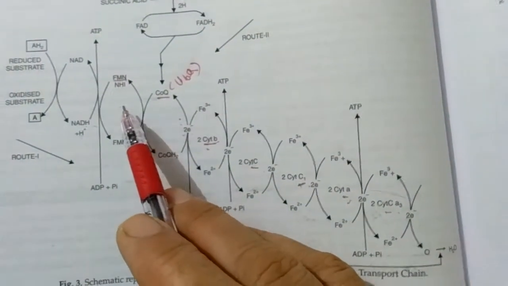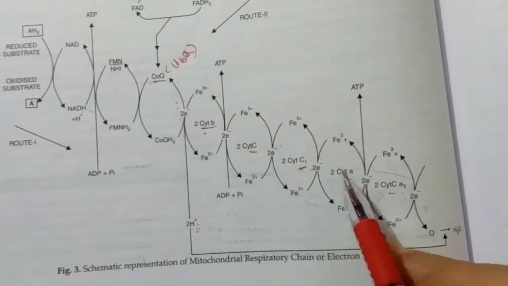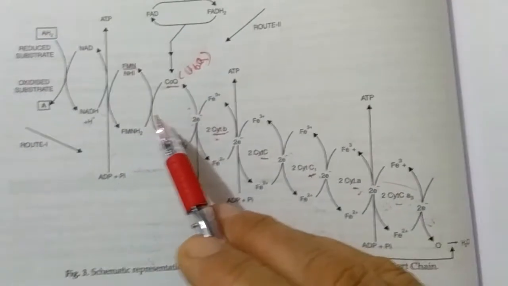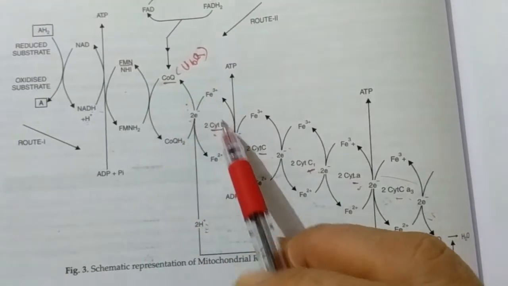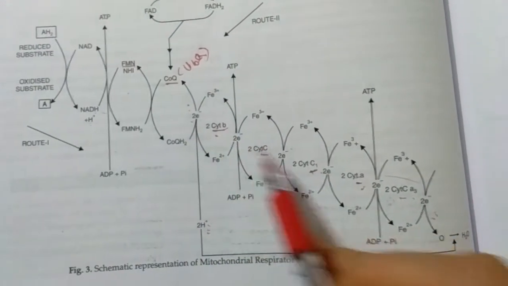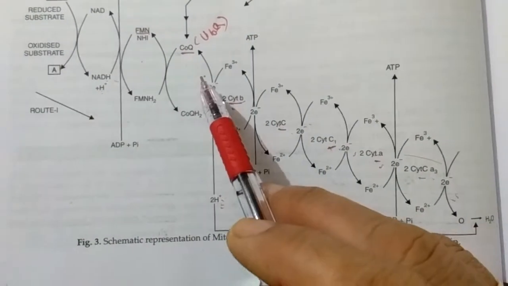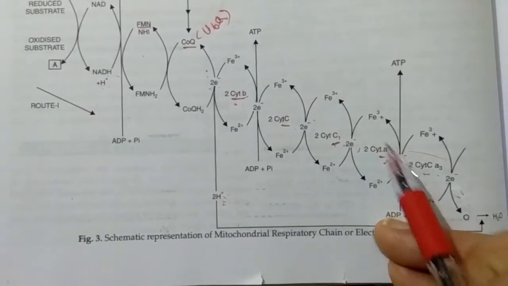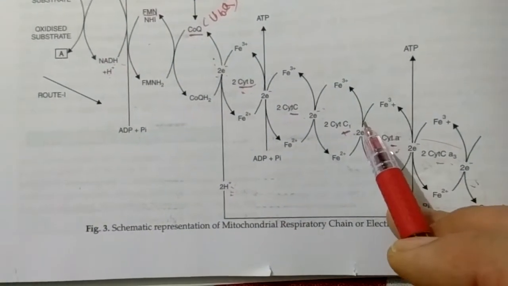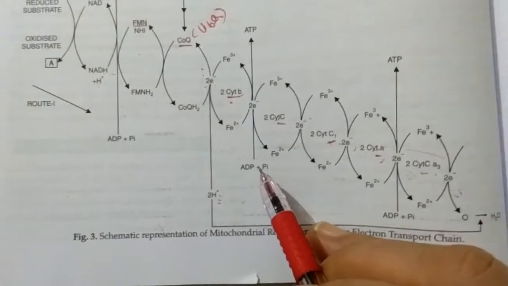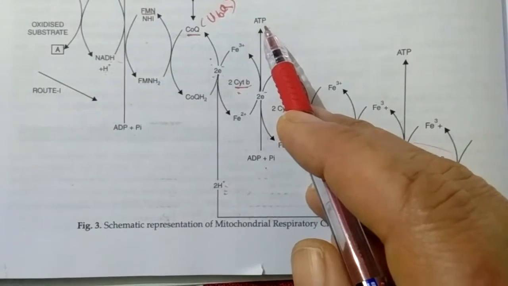This transfer of electron is downstairs, like a descending staircase, and the electron is passing from electronegative to electropositive, and when it passes this way some energy is released, and that energy is sometimes so large that it converts into ATP.